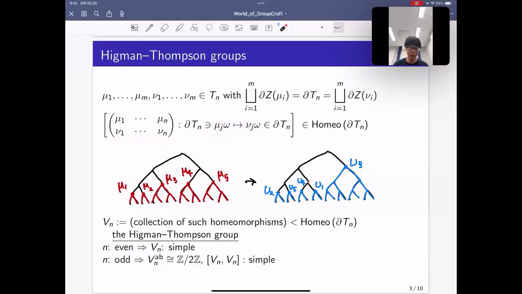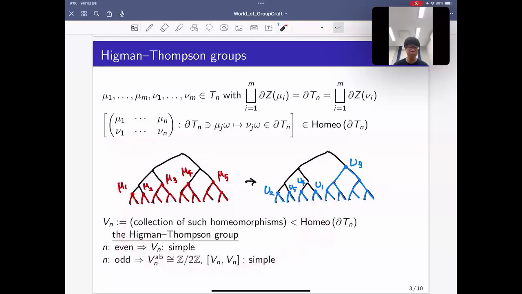Okay. For instance, if we choose μ's as this, so here's μ1, μ2, μ3, μ4, and μ5, and we choose ν1, ν2, ν3, ν4, ν5 like this, then this defines a homeomorphism of the boundary. So the boundary in here moves to here.